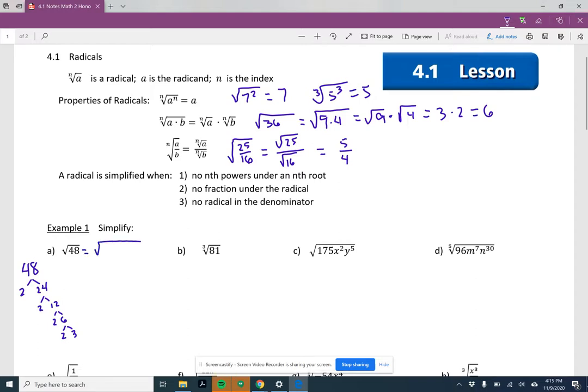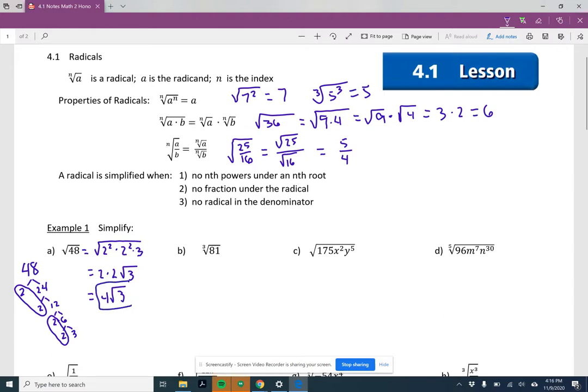Now, there's a 2 squared. There's another 2 squared right here. And then there's a 3. So what we do in practice, the square root of 2 squared is 2. Square root of the other 2 squared is 2. And then the 3 stays underneath. So we have 4 times the square root of 3.